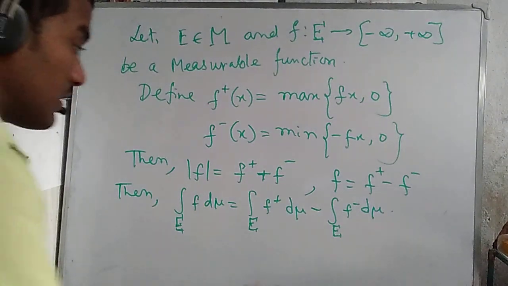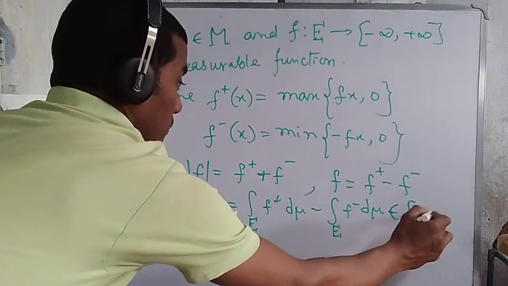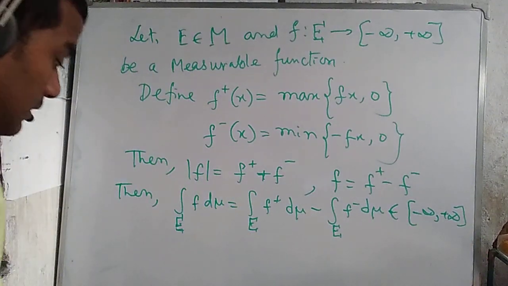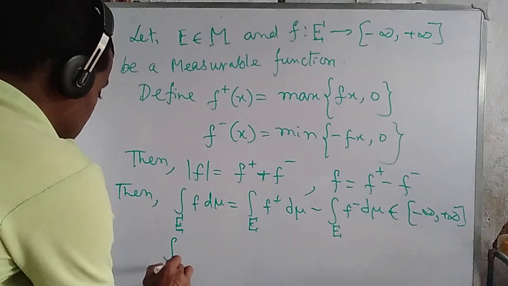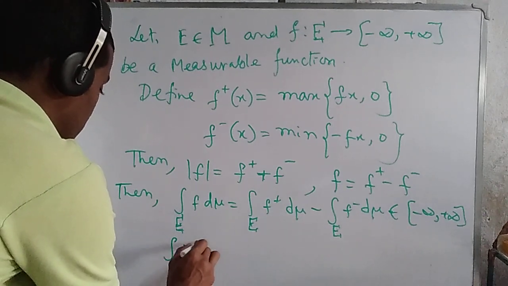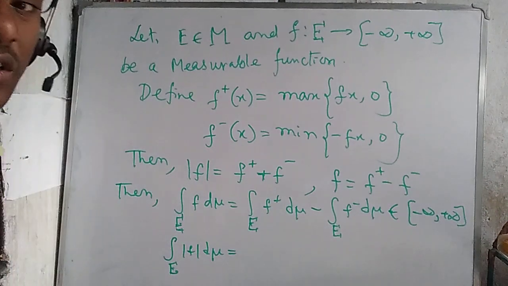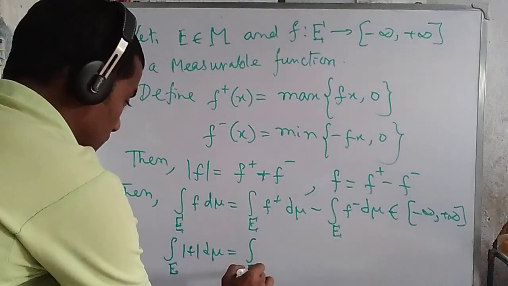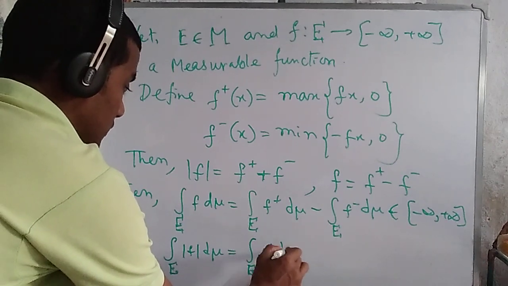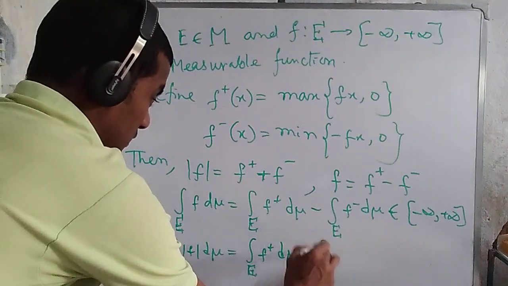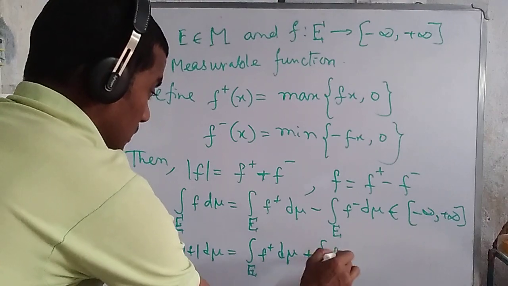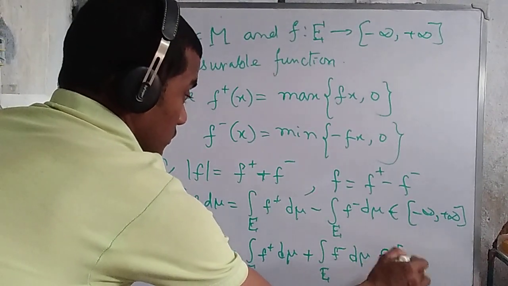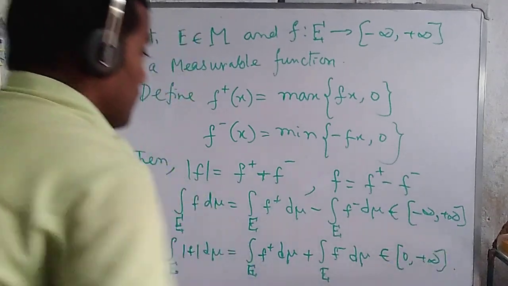This one belongs to minus infinity, plus infinity, and integration over E of mod f d mu equals integration over E of f plus d mu plus integration over E of f minus d mu, which belongs to 0, plus infinity.